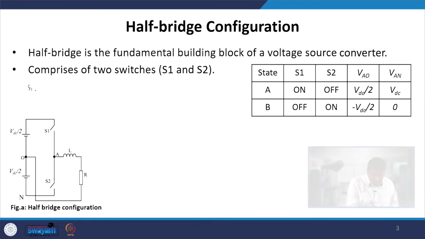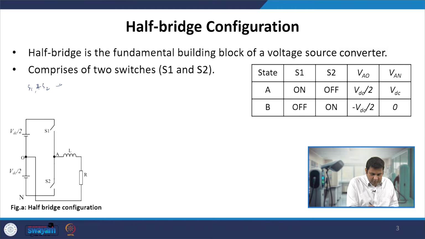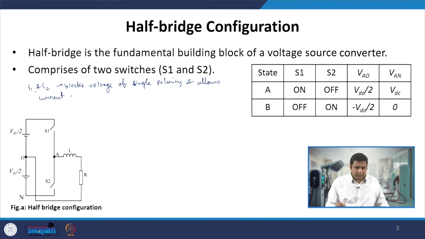So S1 and S2 block voltage of single polarity and allow current in either direction.